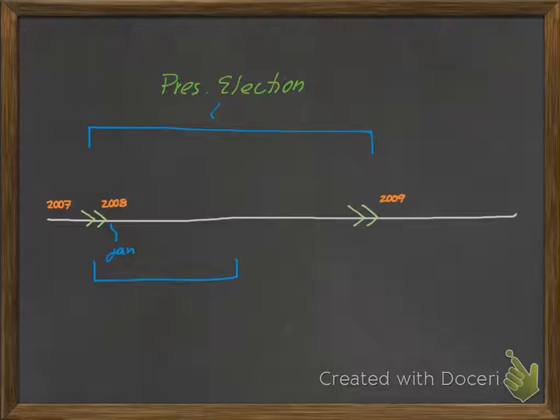That's done by the state legislature in each state. It just so happens that two states have taken the lead in the primary season. Starting in January, you have two states, Iowa and New Hampshire.